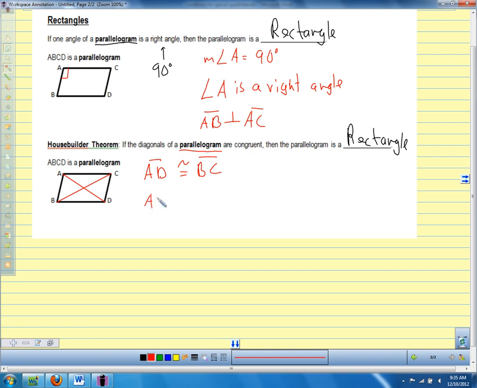We could also say AD equals BC. So all of these are different ways of saying that the diagonals are congruent. And that guarantees us that our parallelogram is a rectangle. Questions on that one?